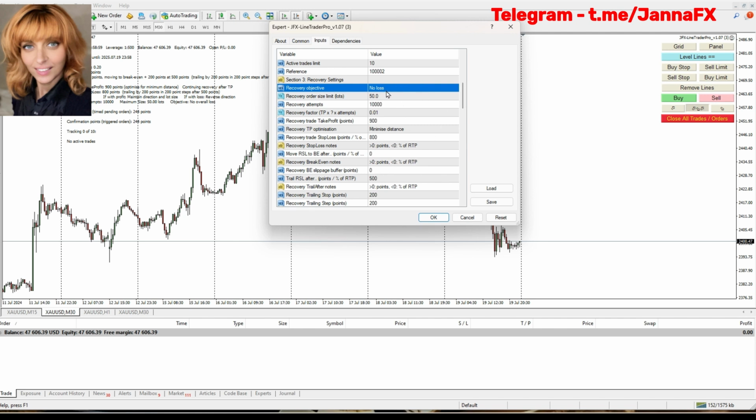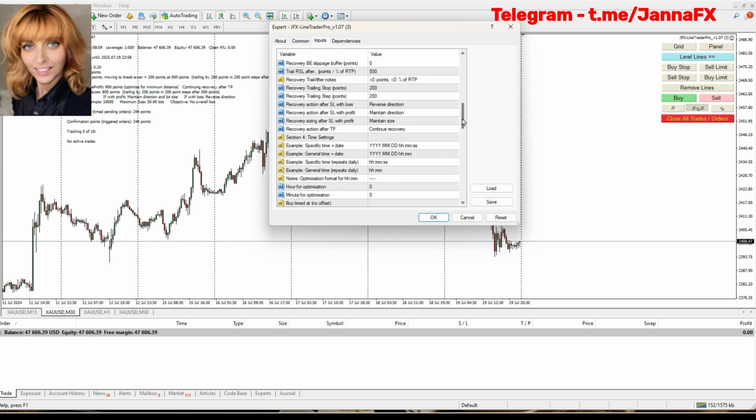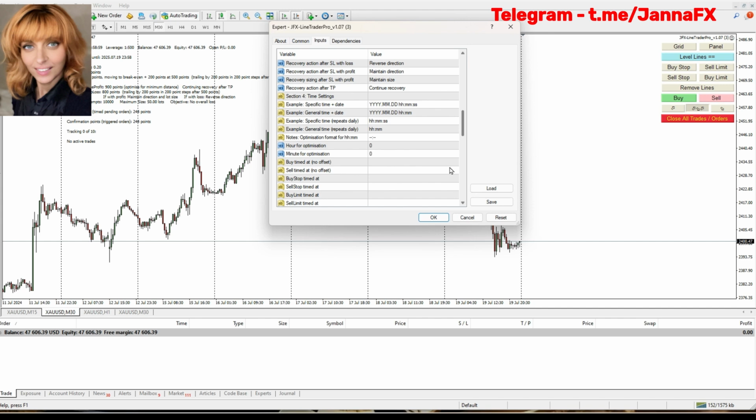Here we put no loss, and it would just make no loss because we didn't have a profit in the start. It will just be trying to get out with no profit. It might get a little bit of profit, but it will only be trying to cover the 90 pips loss. But you can always move the take profit a little if you want. So we will see how it performs when I apply it.